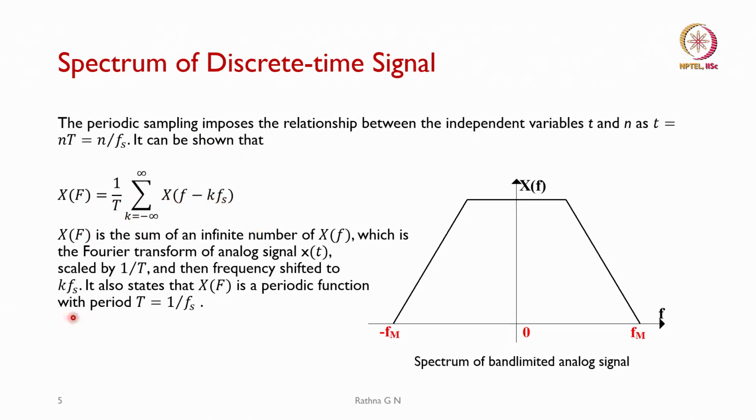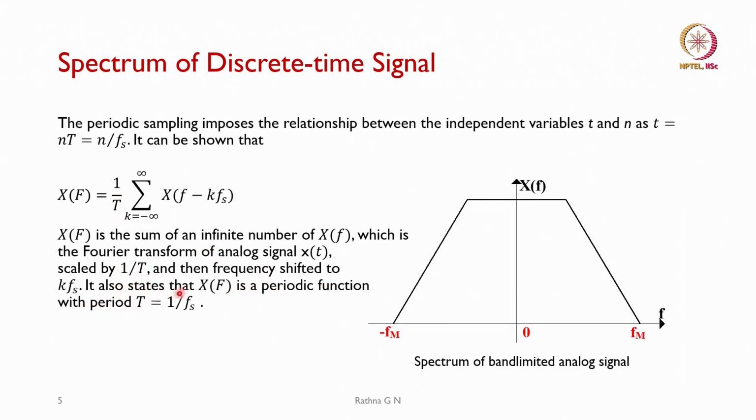We will see that X of f is the sum of an infinite number of copies of the Fourier transform of our analog signal x of t, scaled by 1 by T and frequency shifted to k times fs.